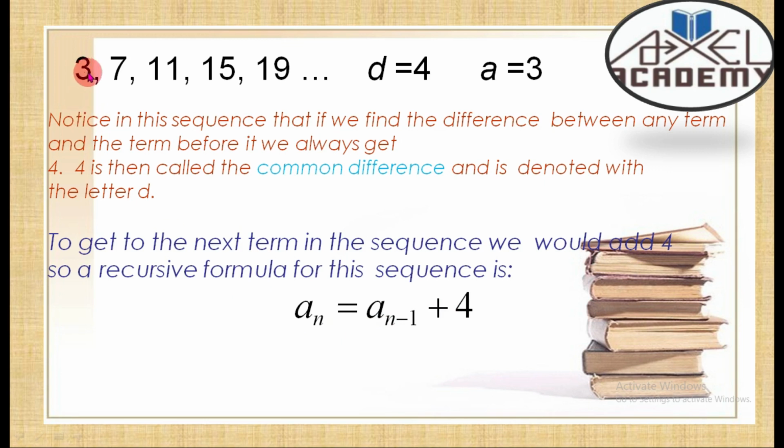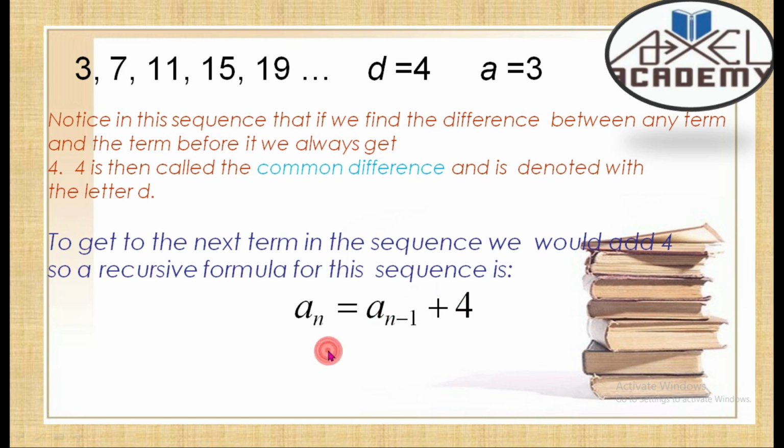To get any term, we have to add the common difference to the previous term. So the previous term plus the common difference is its succeeding term. In order to get the nth term, we have to add the common difference to the (n minus 1)th term.